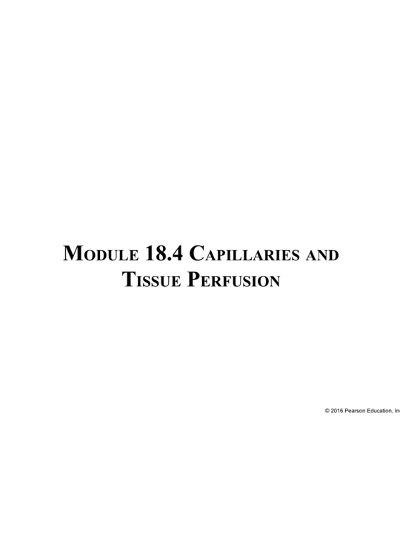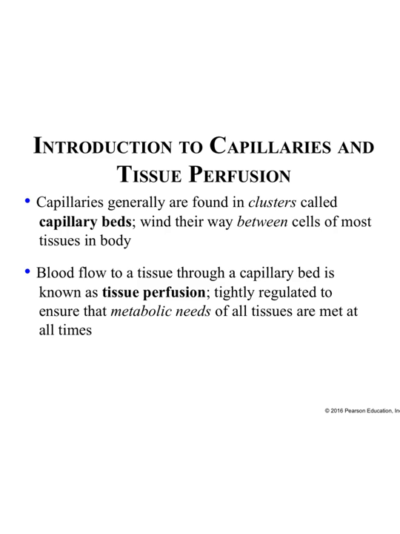So we briefly discussed capillaries when we were discussing vessels, arteries, and veins, but now we're going to get more into the physiology, which is tissue perfusion in capillaries. As we mentioned previously, capillaries are found in clusters, several vessels together, and they're going to be around the cells, typically between an artery and a vein.